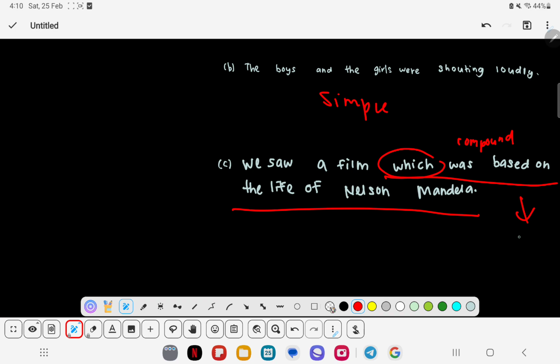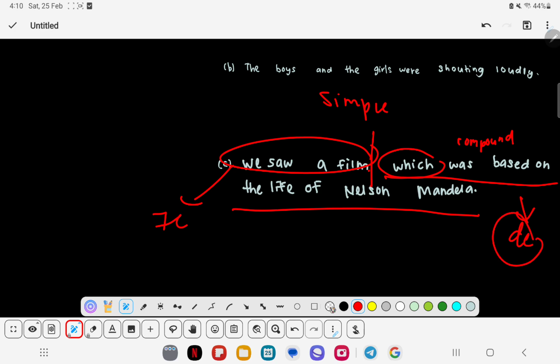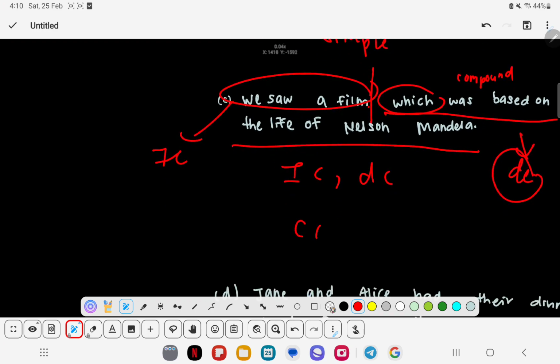Here it is DC, dependent. We saw a film is IC. Why is it IC? Because we saw a film is complete. Before the which, you have to add something, which means it's a DC, dependent clause. So this is why I say it is complex, because it's IC, DC. It is a complex sentence.